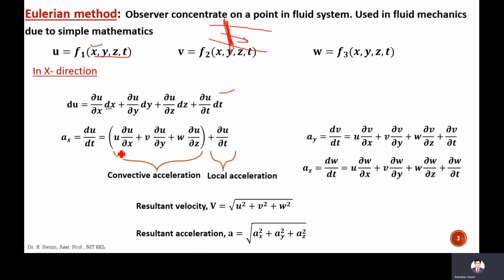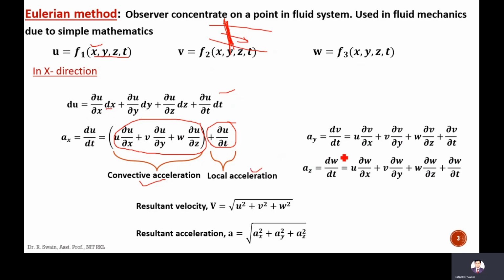The acceleration with respect to space is called convective acceleration. The acceleration with respect to time is called local acceleration.